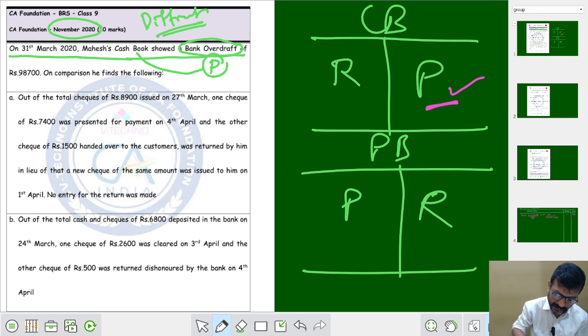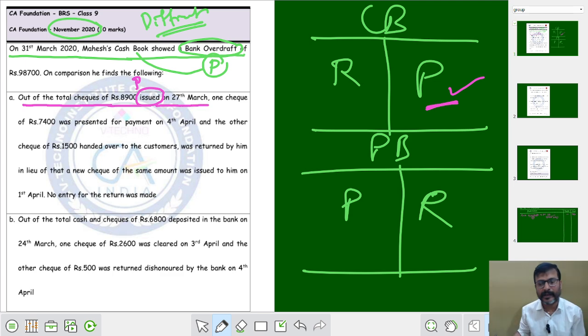Please try to understand. Out of the total checks, 8,900 issued. क्या किए आपने? Issued. Issued means payment. कब issued किए? 27th March. Means within our financial year, that is 31st March 2020. Fine. One check, 7,400, was presented for payment on 4th April.